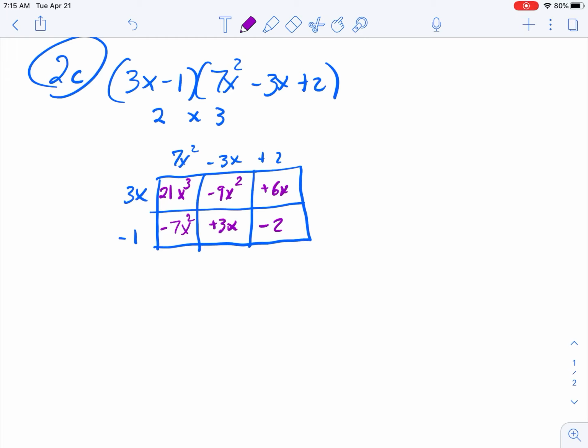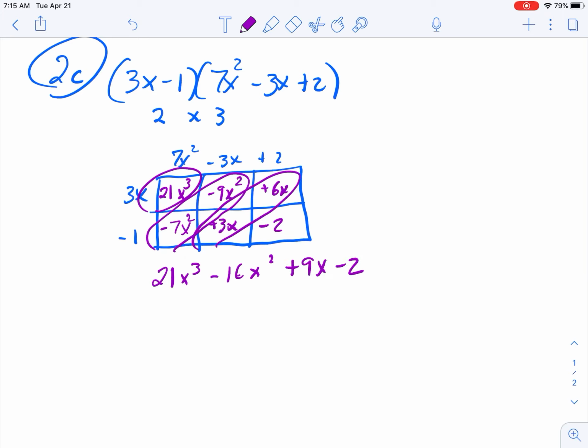And now let's go ahead and go descending order again. So here's my first value, 21x cubed. Those are both squares, so minus 16x squared. Those are the same there, plus 9x minus 2. And there you have it.